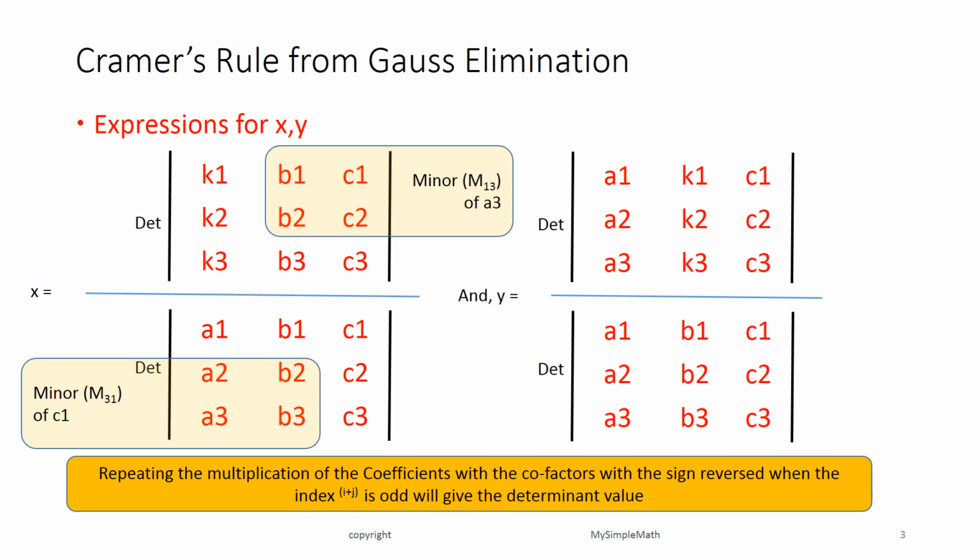Another thing that I wanted to point out was the minors. The minor expression, say for example, the minor expression for K3 right here is these four values: B1, C1, B2, C2.